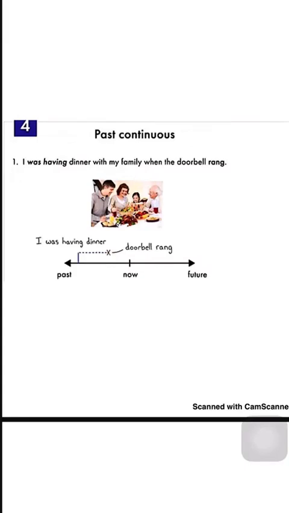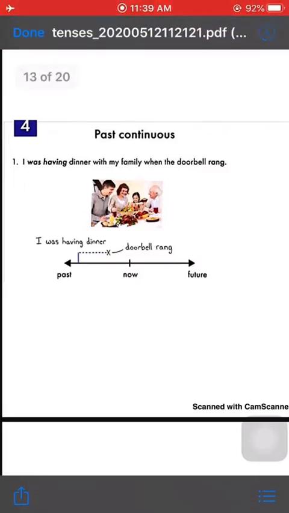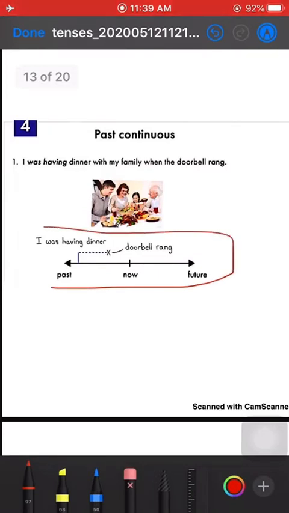Before getting into the past continuous, there was a sentence: I was having dinner with my family when the doorbell rang. We are going to put this sentence on a timeline here. You have the timeline. This side is the past. This is called the timeline. Now, this indicates now, that means present, past and future.